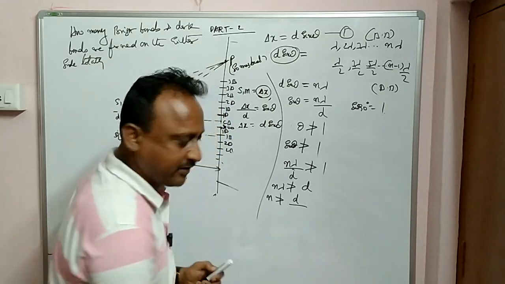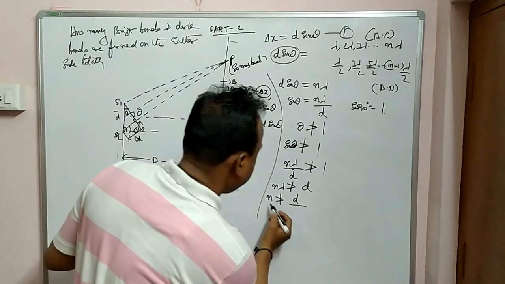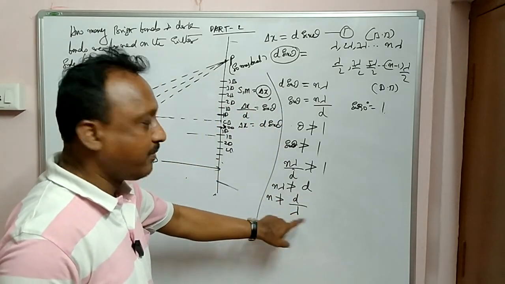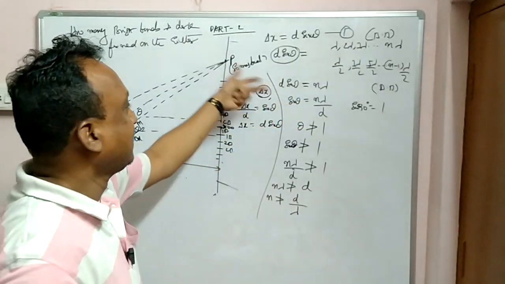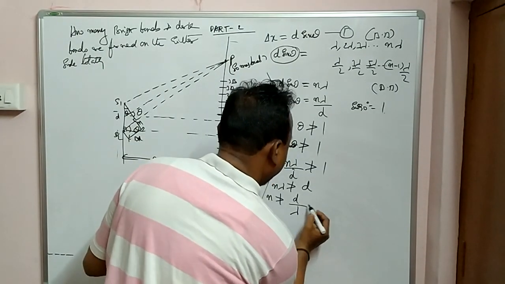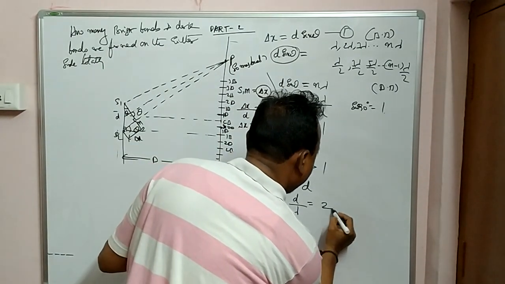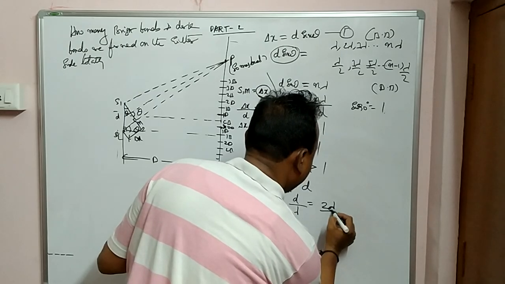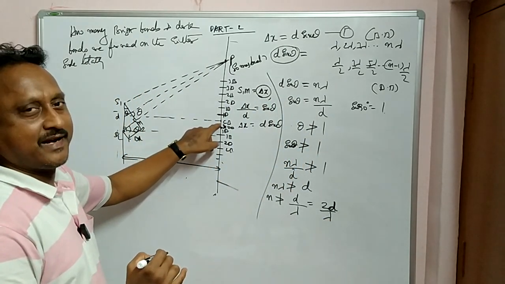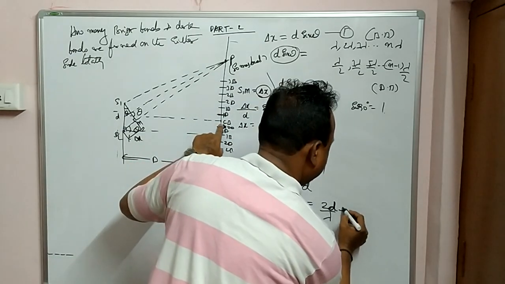Please, I am trying to tell you how many bands: d by lambda on one side, and what about the other side? Another is formed, so 2 times. So that is equal to 2d by lambda. And what about the central bright? That is also there, so plus 1.